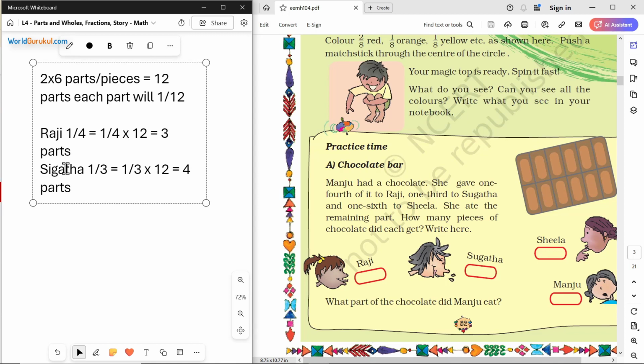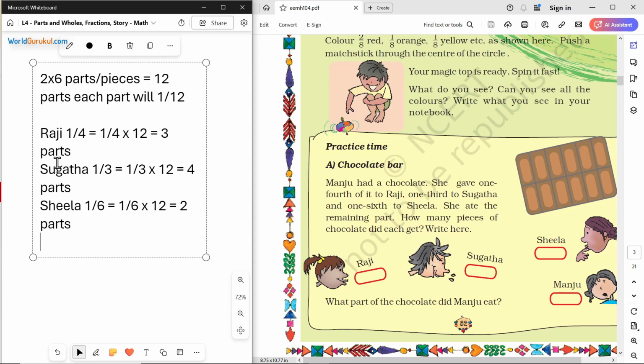So Sujata got 4 parts, and Sheila got the least, that is 1/6. Sheila got less portion, that is 1/6. Okay, so 1/6 of 12 is going to be how much? It's going to be 2 parts.